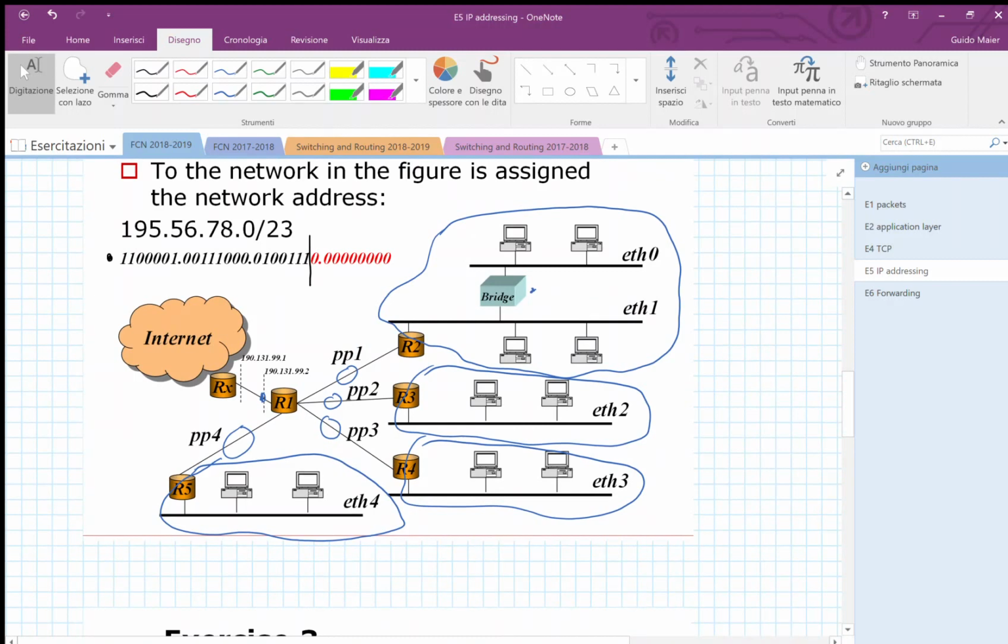So we can, for instance, name the networks. This will be subnet A, then this is subnet B, C, and D. Okay.